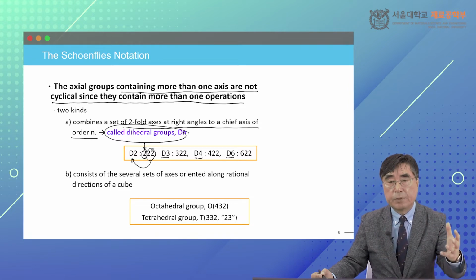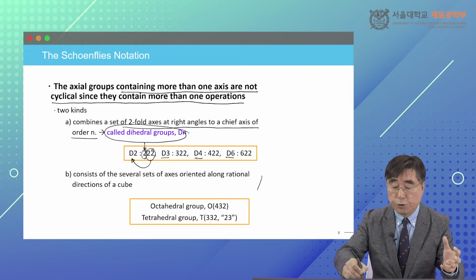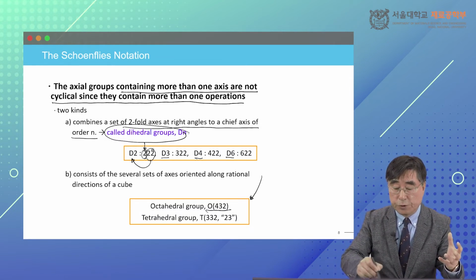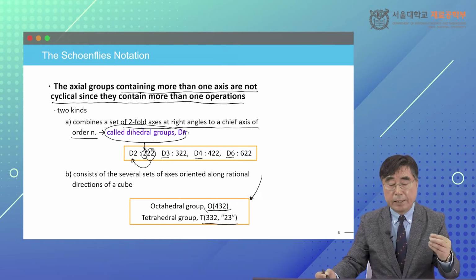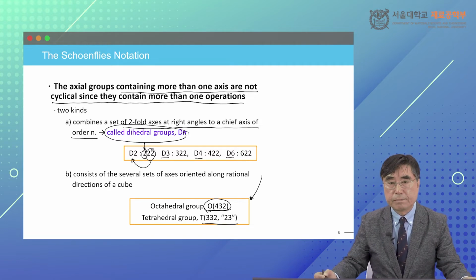Remember that when I explained about this multi-rotation axis, there are only certain multi-rotation symmetries available. One is 2, 2, 2; 3, 2, 2; 4, 2, 2; 6, 2, 2. And there are also cubic symmetries, which are 2, 3 and 4, 3, 2. And he calls 4, 3, 2 an octahedral group.